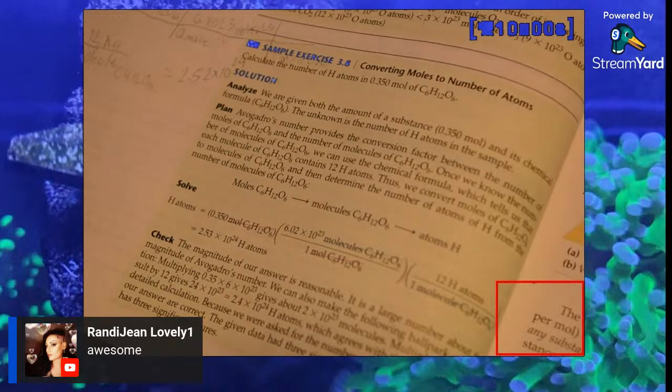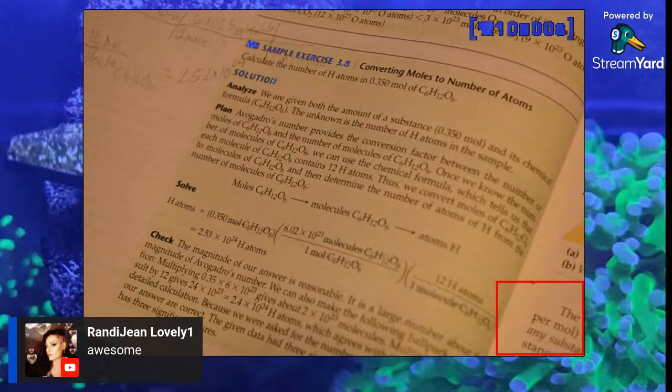So 1 mole is equal to Avogadro's number, 6.02 times 10 to the 23rd molecules, because we're converting to molecules now, right?